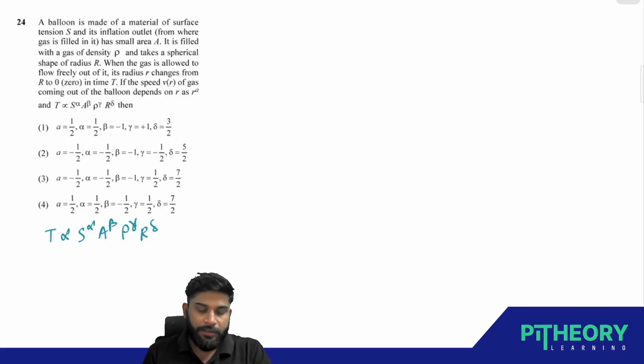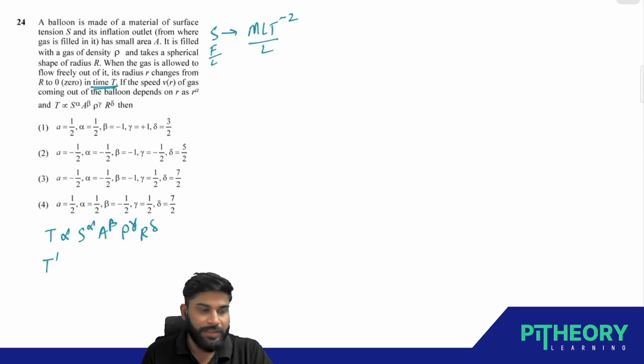Okay, so here if I apply the dimensional analysis, left side, capital T is nothing but time only. So T to the power 1 you can write. Correct. Now, what is the dimension of surface tension? Surface tension is nothing but force per unit length, correct? So its dimension, what will it be? Force is MLT to the power minus 2, because mass into acceleration divided by length will be coming.